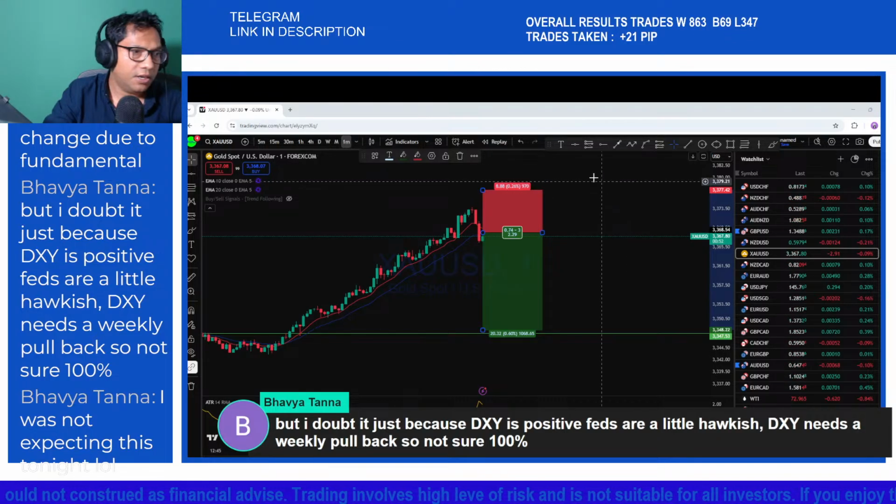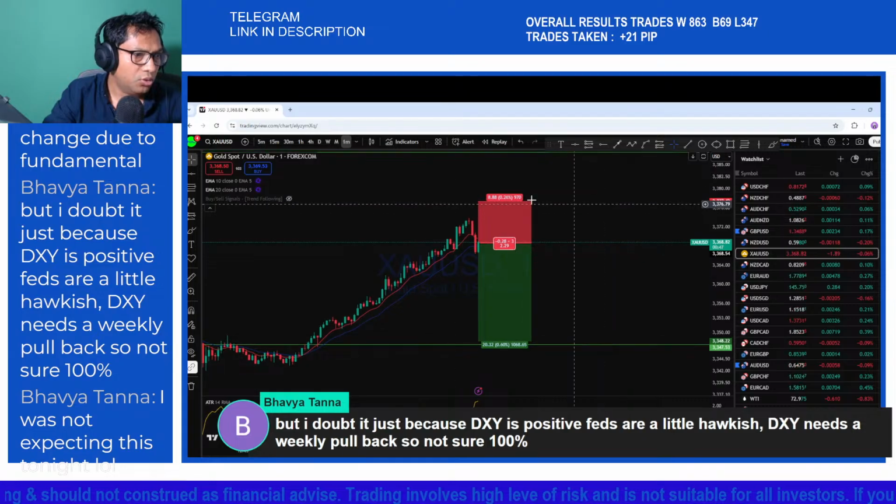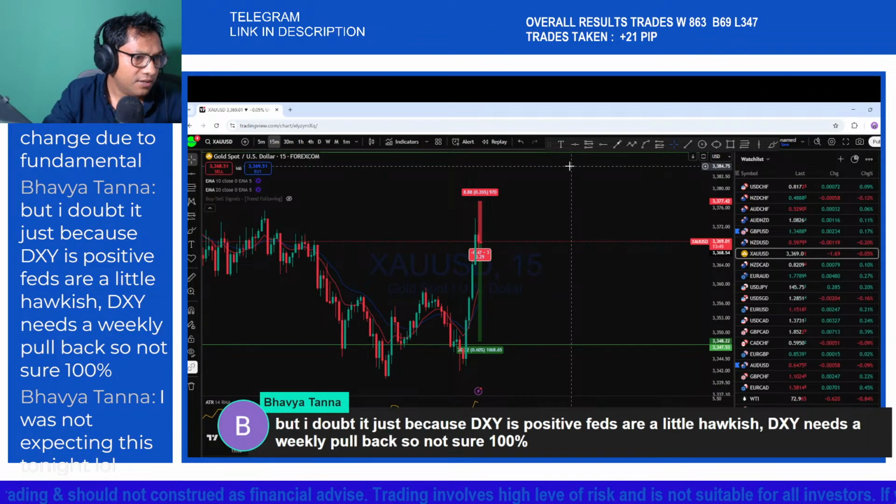Expecting the market to trend back down, though it is still a bull market.